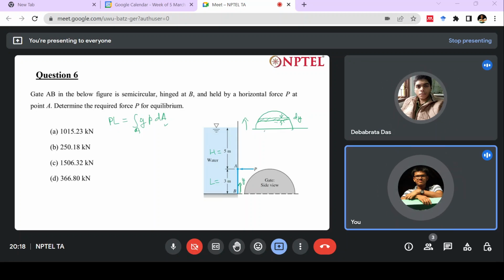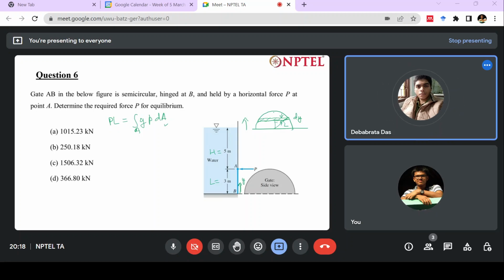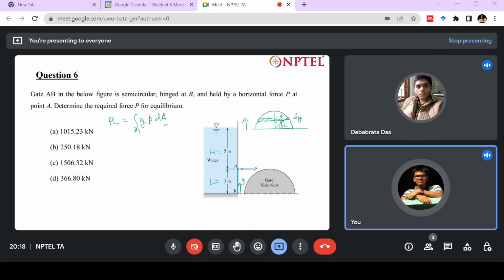Sorry, L is the radius. Capital L is the radius of this. You have to find this length. Let this be theta. Theta we can calculate later.